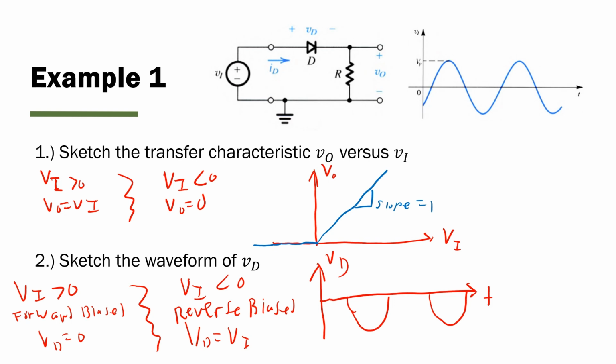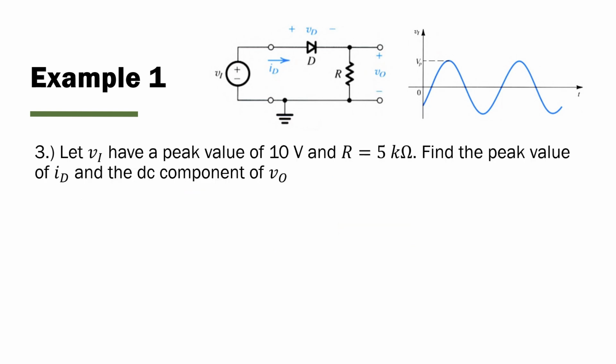All right, let's continue. Let Vin have a peak value of 10 volts and R equal 5 kiloohms. First question is to find the peak value of the current. So we know that, again, when the diode is reverse biased, the current will be 0. So our peak value will be when the diode is forward biased, which is when Vi is greater than 0.